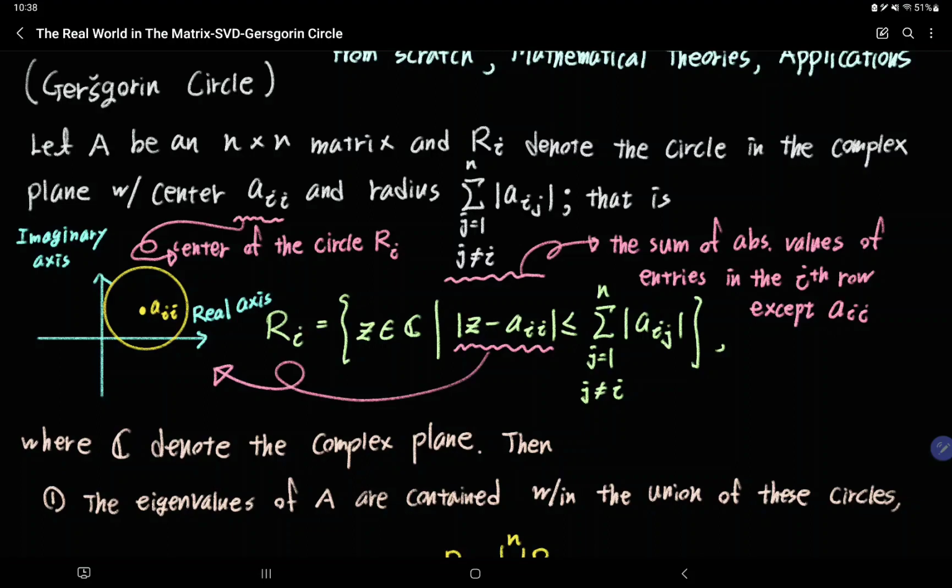Then we take the absolute values of the entries in the ith row, and take the sum. We use it as the radius. Then R sub i is all of the complex numbers such that the distance between that number and the center is less than or equal to the sum of the absolute values of the entries in the ith row except a sub ii.